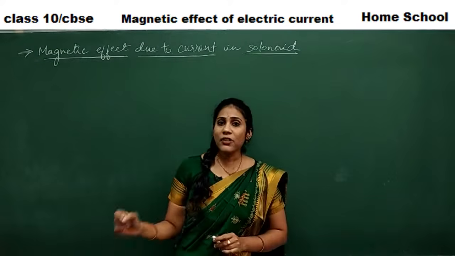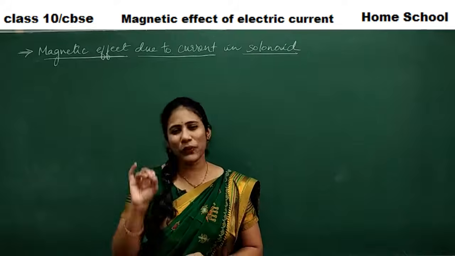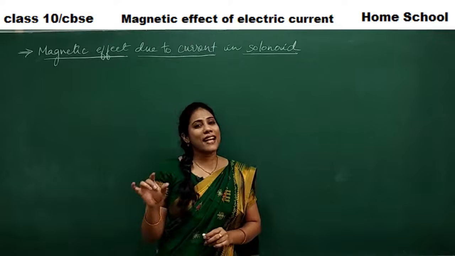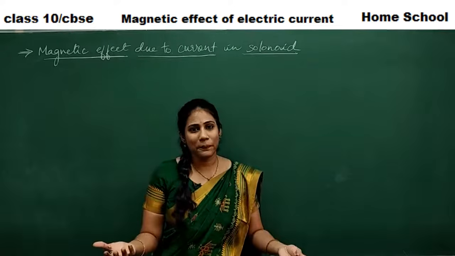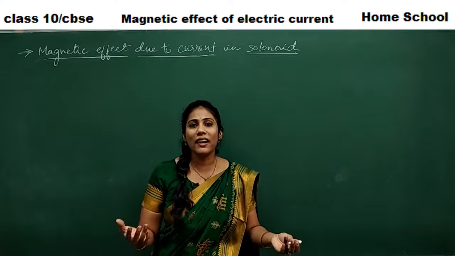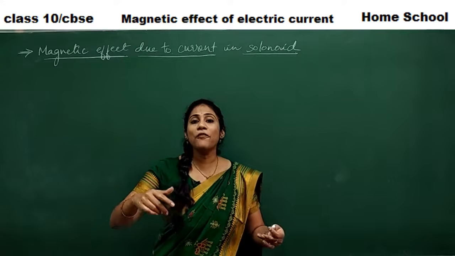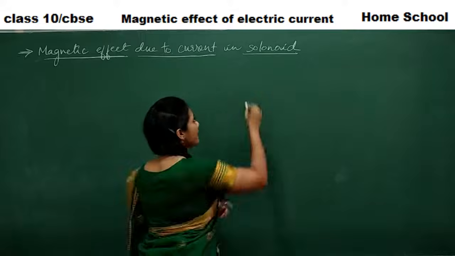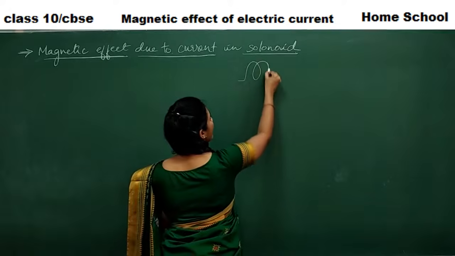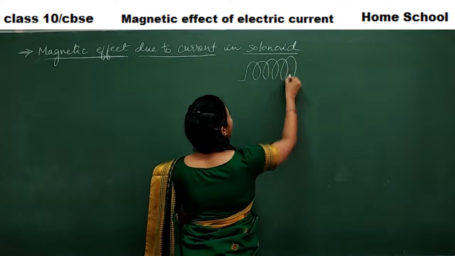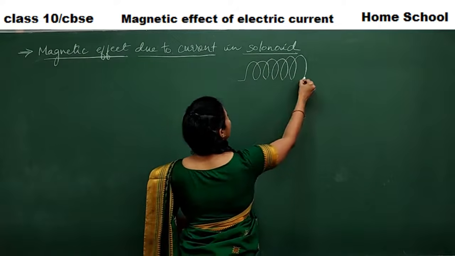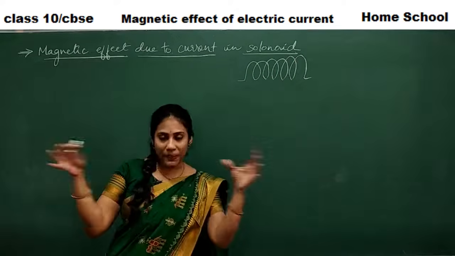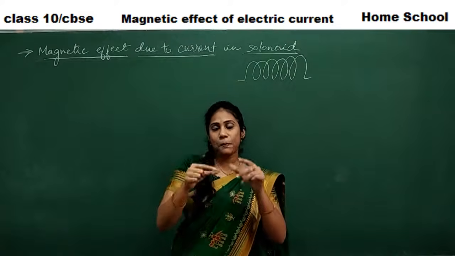So what does a solenoid mean? It's very simple, guys. It is nothing but copper wire only. Insulated copper wire in the form of a coil, something like this. A solenoid will look something like this. When I make a copper wire into the shape of a spring, you all know how a spring looks.